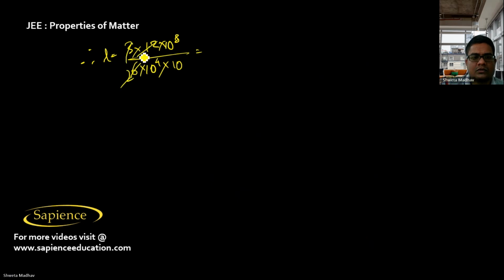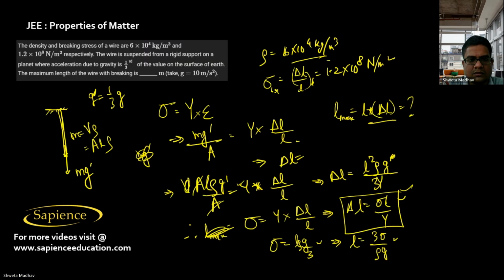6 into 2 is 12, 0.6 into 10 power 8 minus 5, that is 3 into 600, length 100 third. We have delta L also.